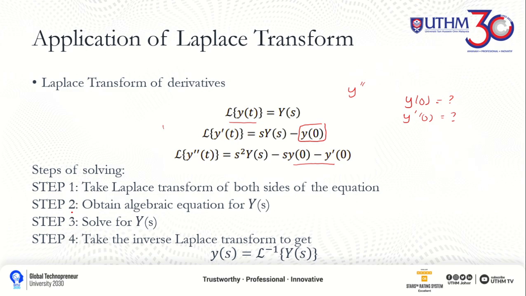Okay, steps of solving using Laplace transform. Step 1, first you need to take the Laplace transform of both sides of the equation. Step number 2, we need to obtain the algebraic equation for Y(s), so you rearrange your equation to get the algebraic equation for Y(s).